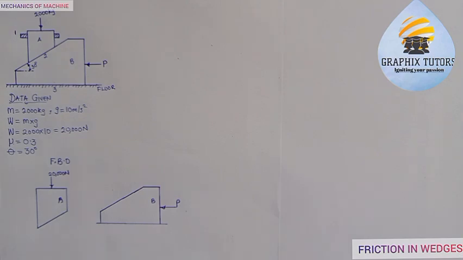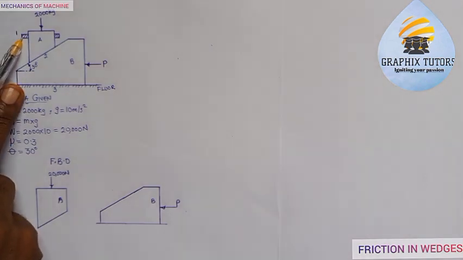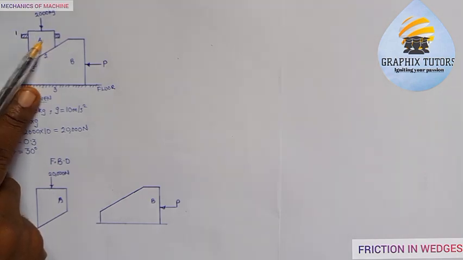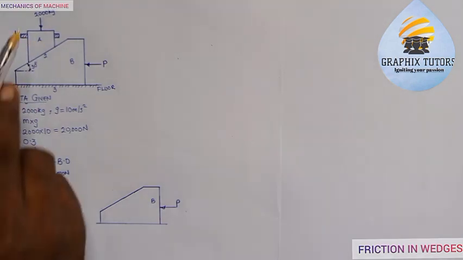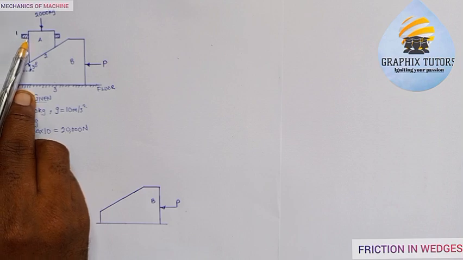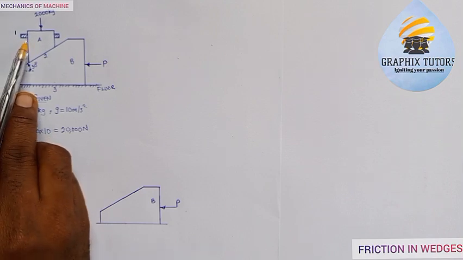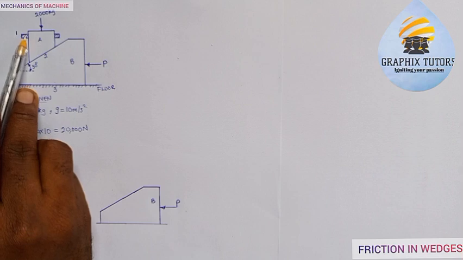Now I want you to understand, according to the third law of motion, to every action there is an equal and opposite reaction, right? Now look at this. The guide here is in contact with wedge A. Because the guide is in contact with wedge A, there will be a reaction, because the contact is the action.